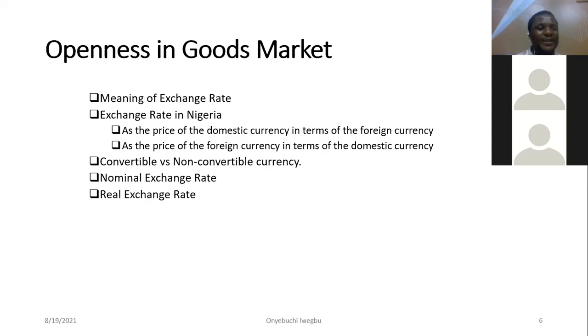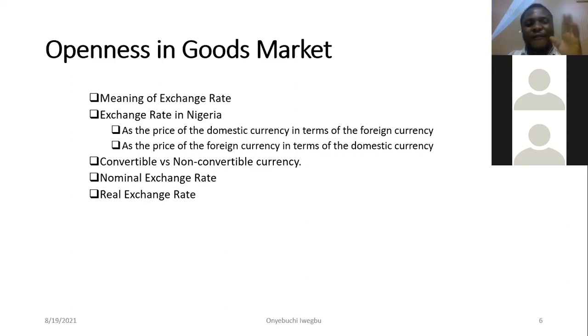Then we have convertible and non-convertible currency. Convertible currencies are those currencies that can easily be exchanged with other currencies. And then we have non-convertible currency. Those currencies cannot be easily exchanged with other currencies.